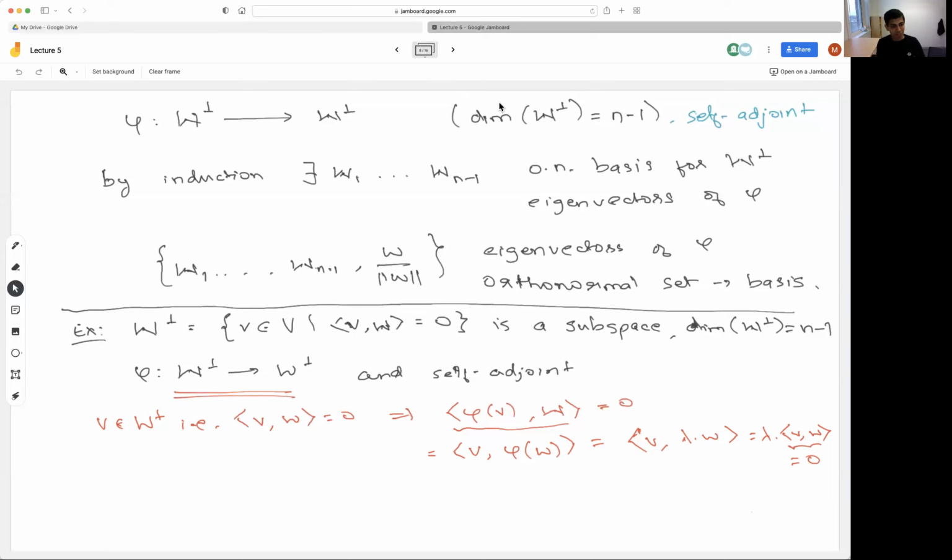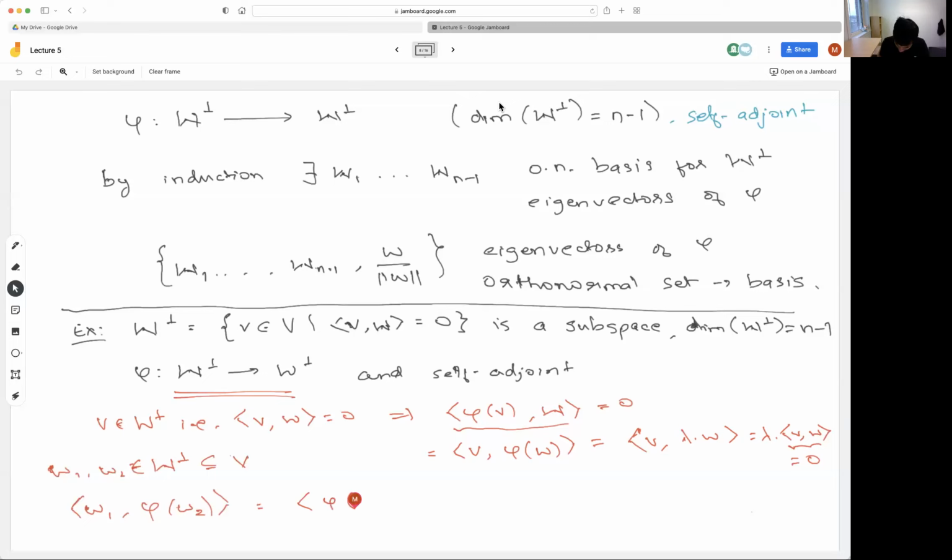And moreover, I claim that it's self-adjoint. So if you have the inner product of W1 and W2 in this space, then they are still in the space V. And phi is self-adjoint in the space V, which means you can move it to the other vector for any two vectors in the space V. So in particular for the space W perp.